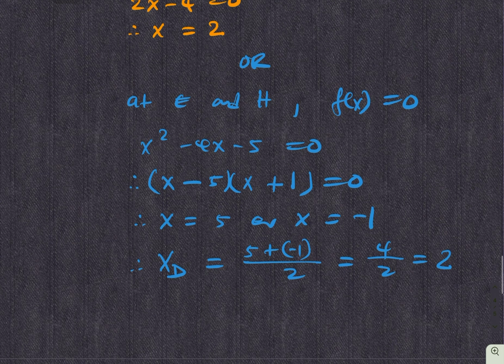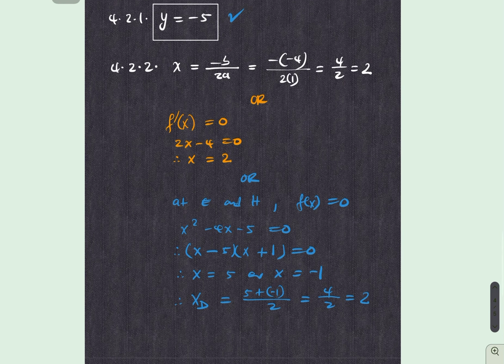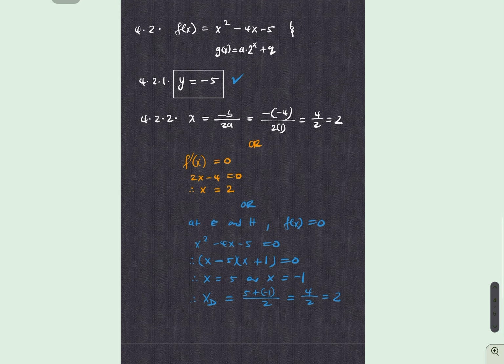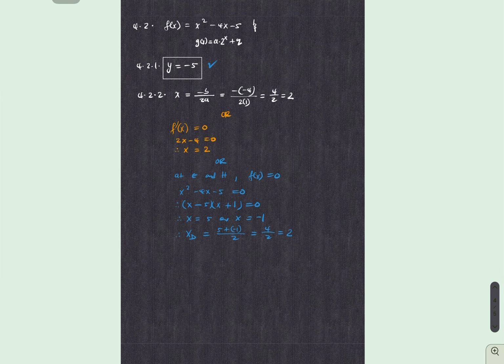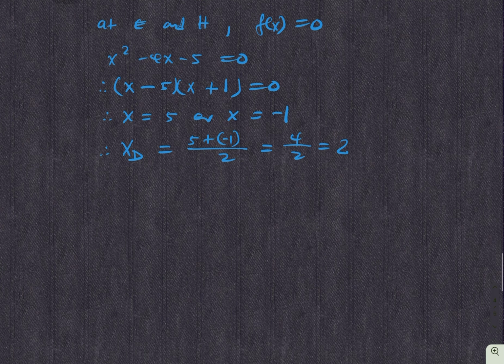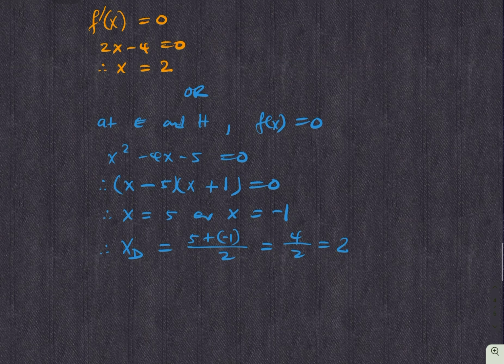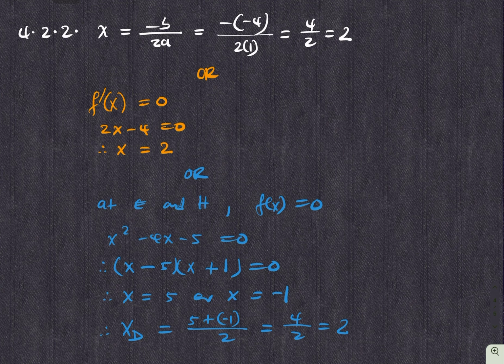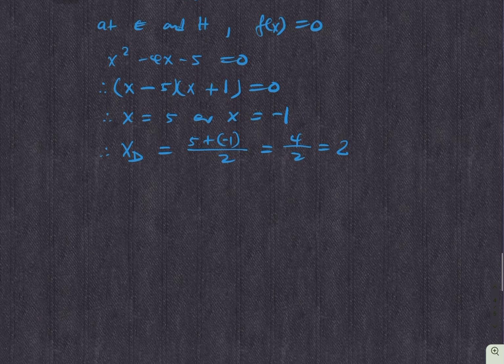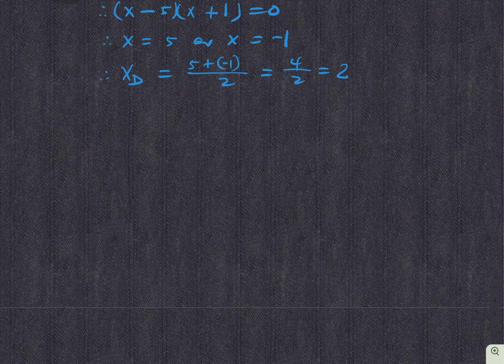You have to use one of the 3 methods in order to get the correct answer. These are your 3 methods of getting the axis of symmetry; you must have used one of those 3. So to get the y value at D, the y at D is going to be F at 2.